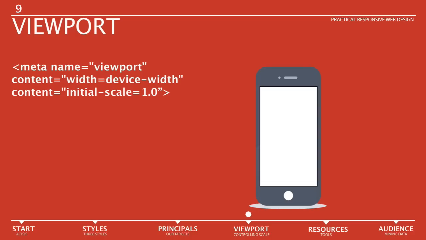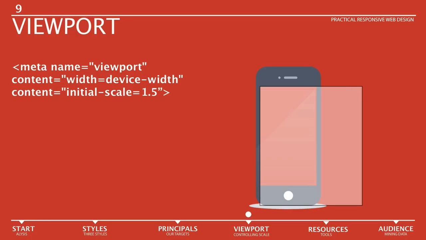So we're handling the fact that we're not trying to cram all of our site onto the phone. We're doing things with our design to make it fit through media queries, basically. So if we were to scale, just to see how this works, to 1.5, we would scale off of the phone's viewing area.